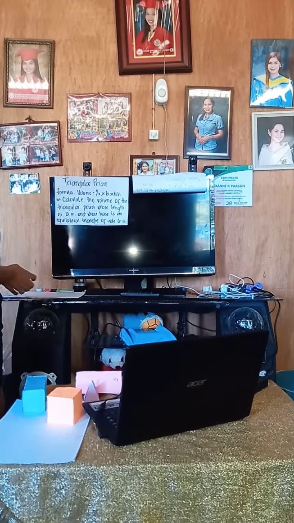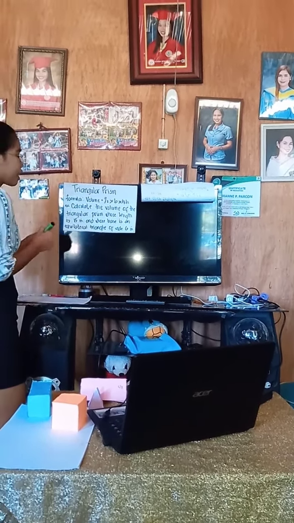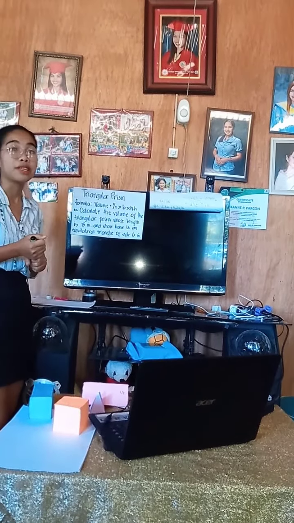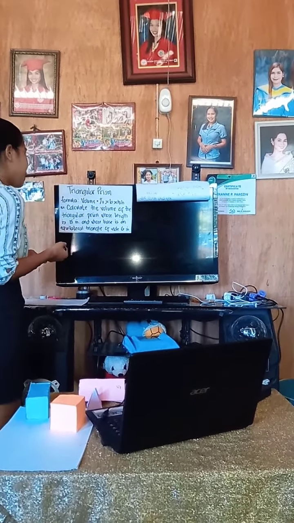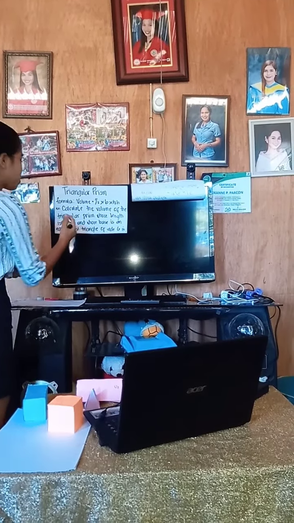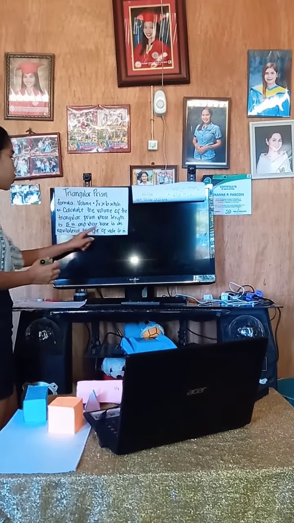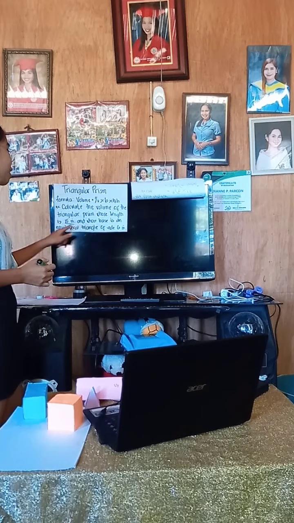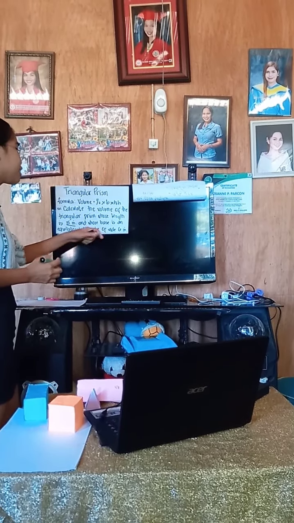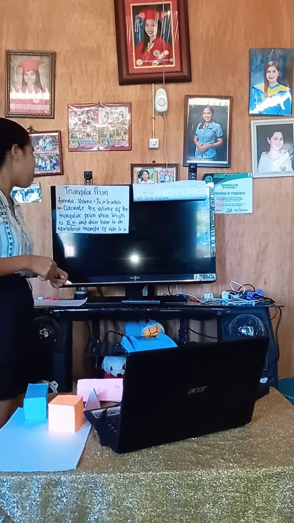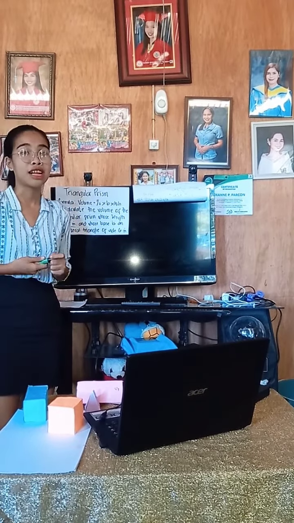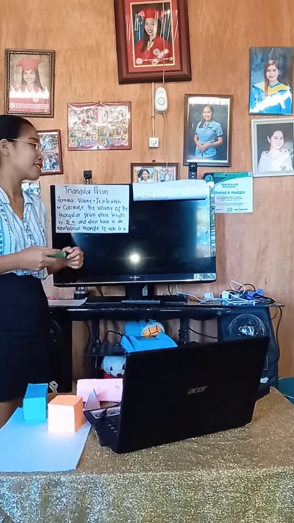So we have here the example. Calculate the volume of the triangular prism whose length is 15 inches and whose base is an equilateral triangle of side 6 inches. When I say equilateral, it has the same side lengths.